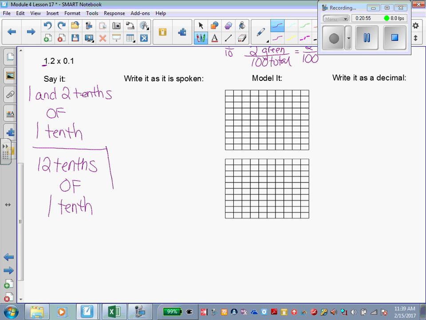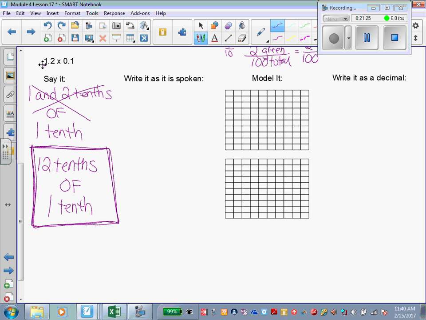And guys, this is what I want us to focus on for lesson 17 here. For lesson 17, I don't want us to say the 1 and or the 2 and, or I don't want us to have a whole number. I want us to write it as the fractions.